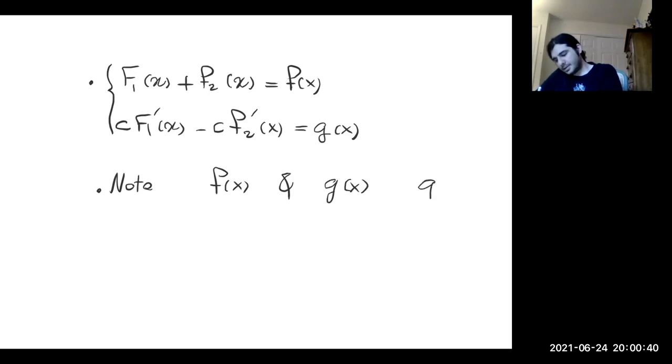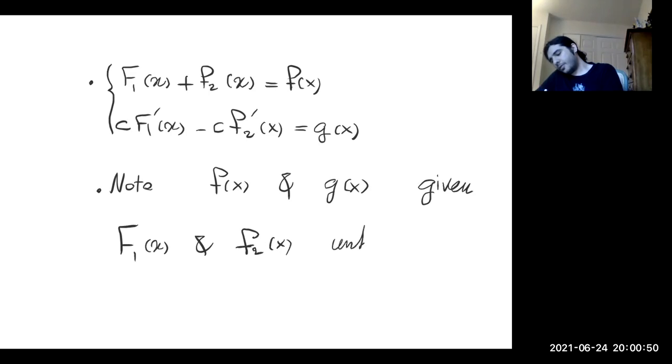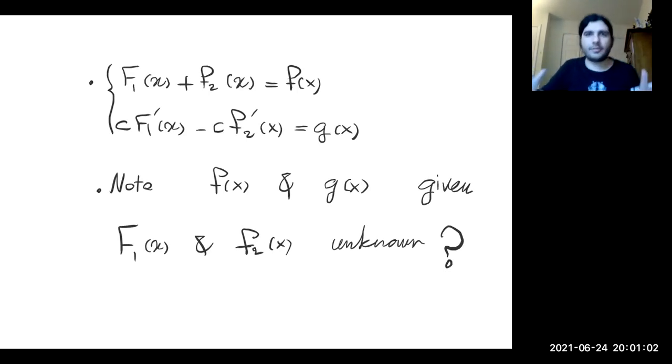We know what these functions are. f1 of x and f2 of x are unknown. We want to find them, to see what their values are. We want to solve for them in terms of f and g. Is everything clear? Is everyone following? Any question?